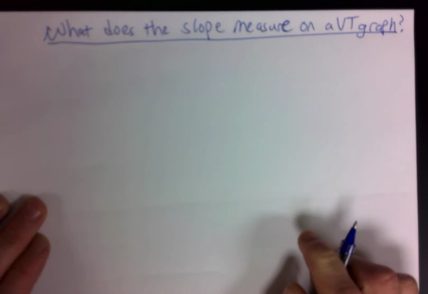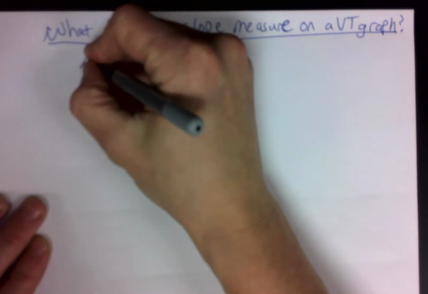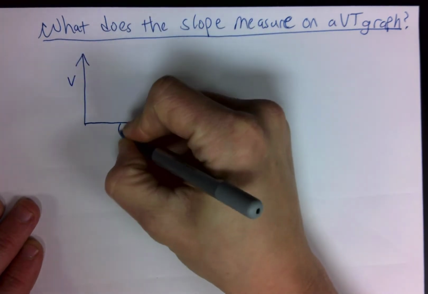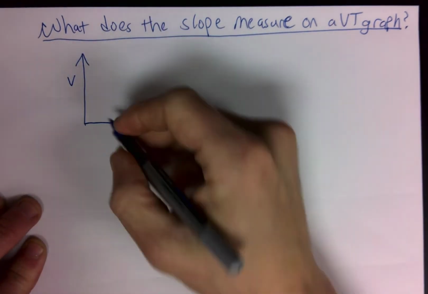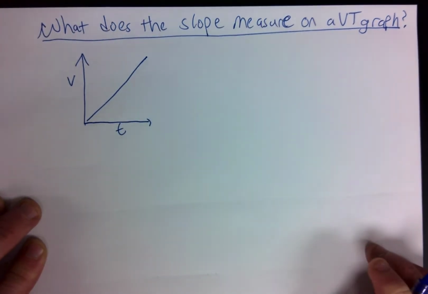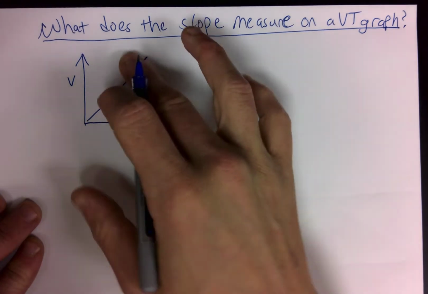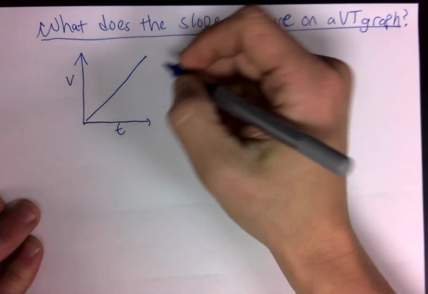What does the slope measure on a VT graph? So let's draw some axes again here, V and T. And we could draw speeding up as an example, like that. Velocity is going up. So what does the slope measure?